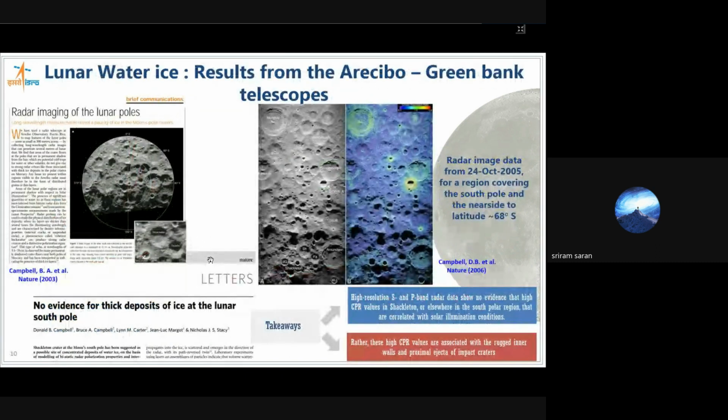And then after the 90s, two experiments in the early 2000s, 2003 and 2006, using the Arecibo Radar Observatory in Puerto Rico, were performed at both S band as well as P band. That means at 12 centimeter and 70 centimeter.